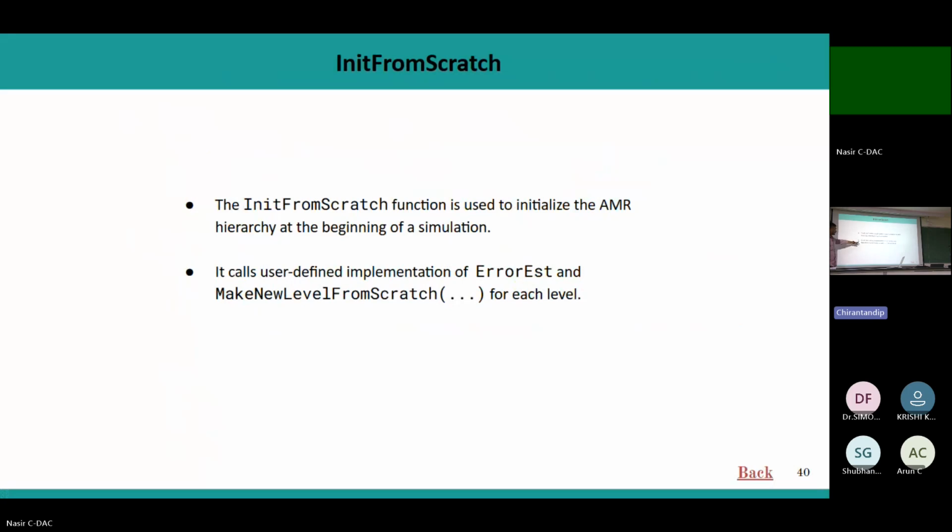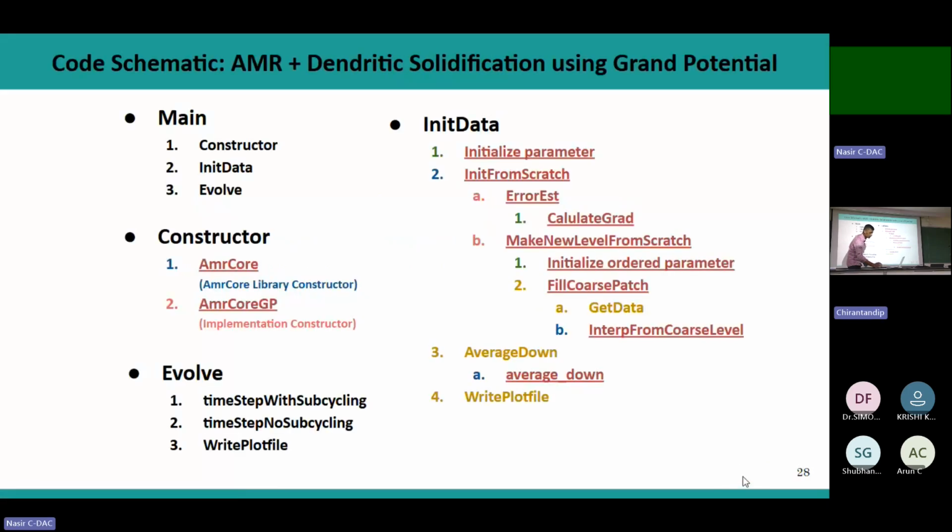And here are the functions make new level from scratch; these two functions are the virtual functions of the AMR program that we just need to write as per our model. And those two functions call this function init from scratch, and this function is implemented by us.